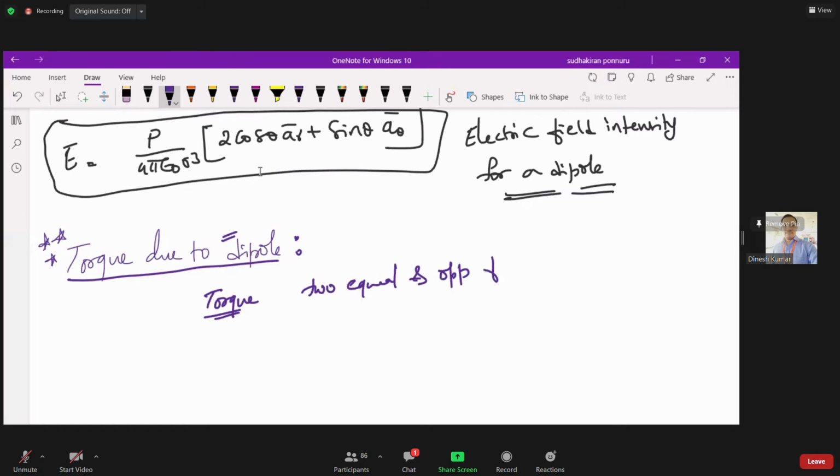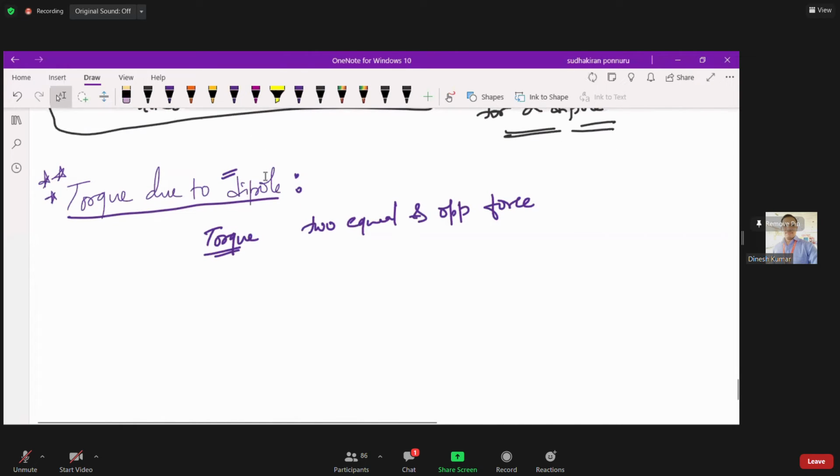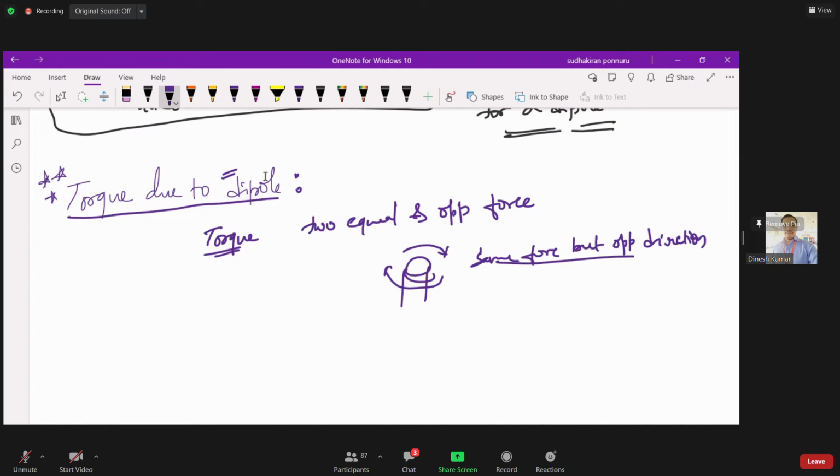For example, if you want to open the cap of a water bottle, you are going to use one thumb finger as well as your forefinger to tighten it or loosen it. So if you apply the force clockwise with one finger, the next finger you have to twist in the opposite direction, that is anti-clockwise. So with the same force but opposite direction, we'll have a torque.